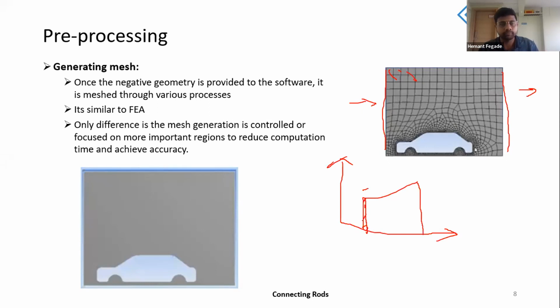Even with a 64 core PC, it's still going to take two whole days, like 48 hours, to complete the simulation for 40 lakh cells.